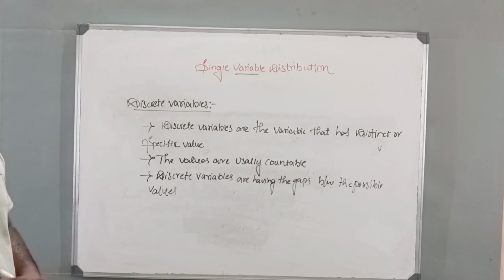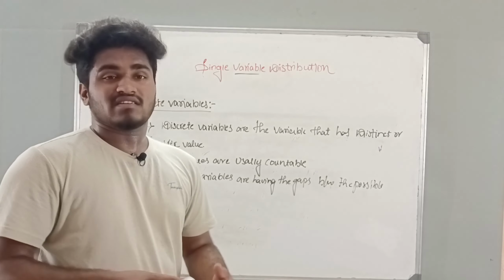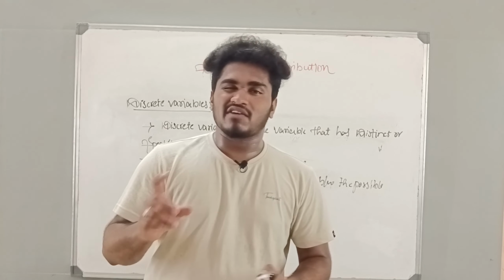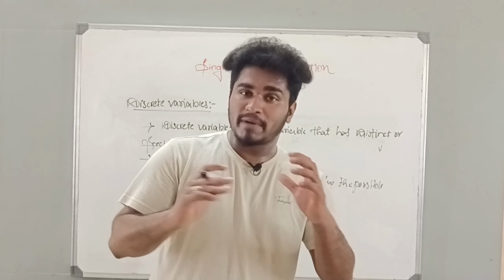Examples of these discrete variables are the number of people in your classroom, or if you are producing products like bulbs, the number of defective bulbs in a particular batch.